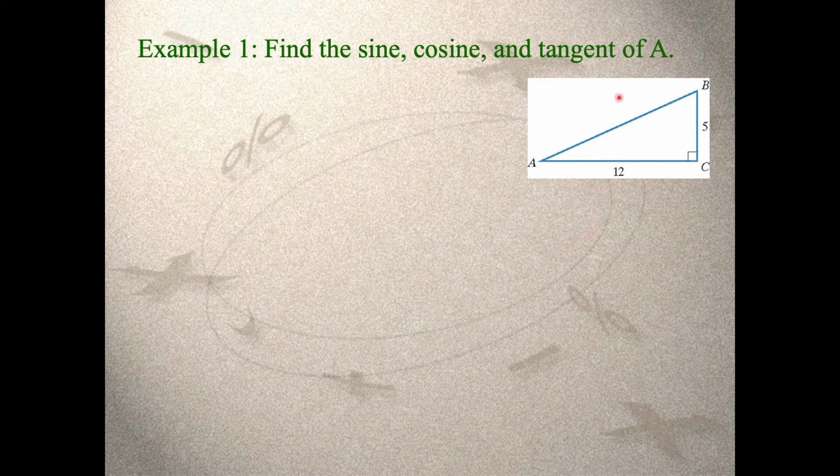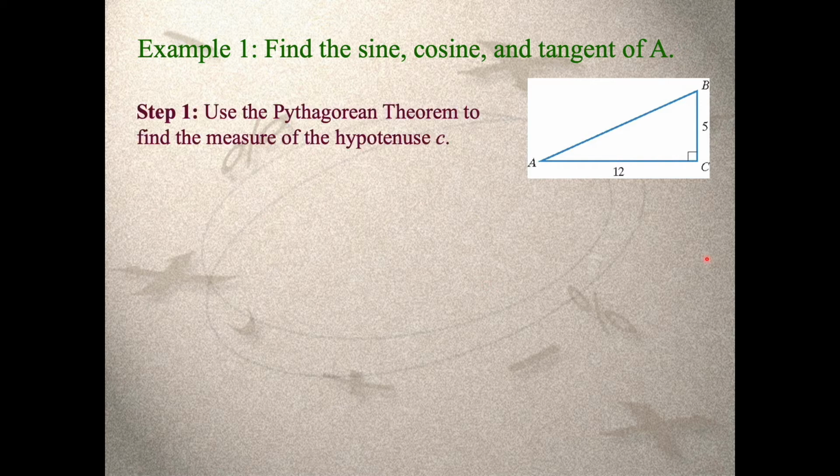But remember, to find sine and cosine, we need to have the hypotenuse, and that's not labeled here. So we're actually going to backtrack a little, and we're going to start with the Pythagorean theorem to find that missing side, the hypotenuse. So remember that that theorem is a squared plus b squared equals c squared.